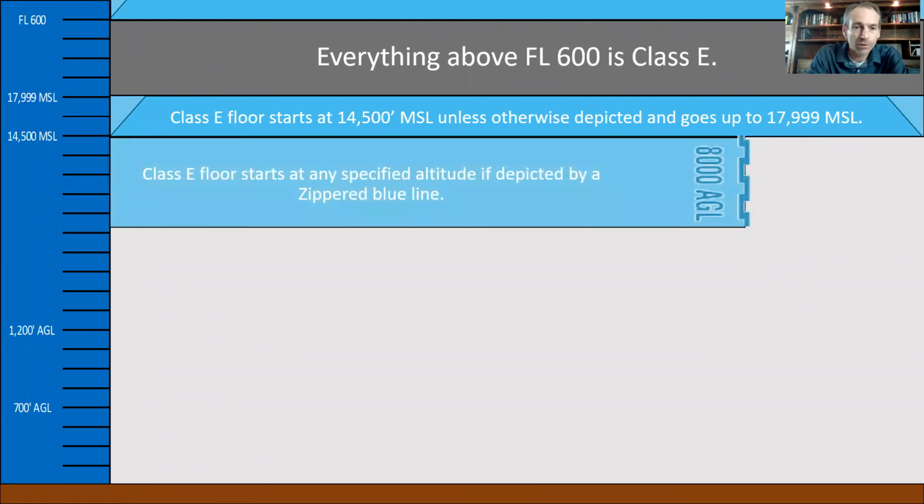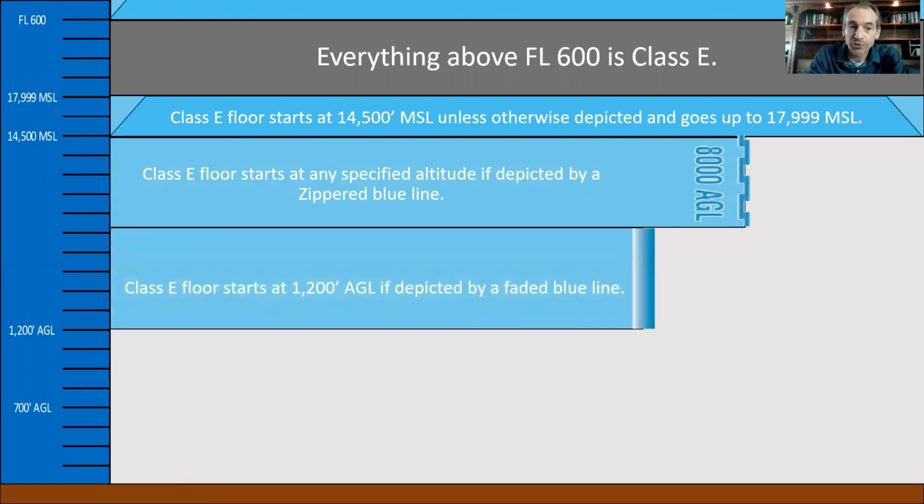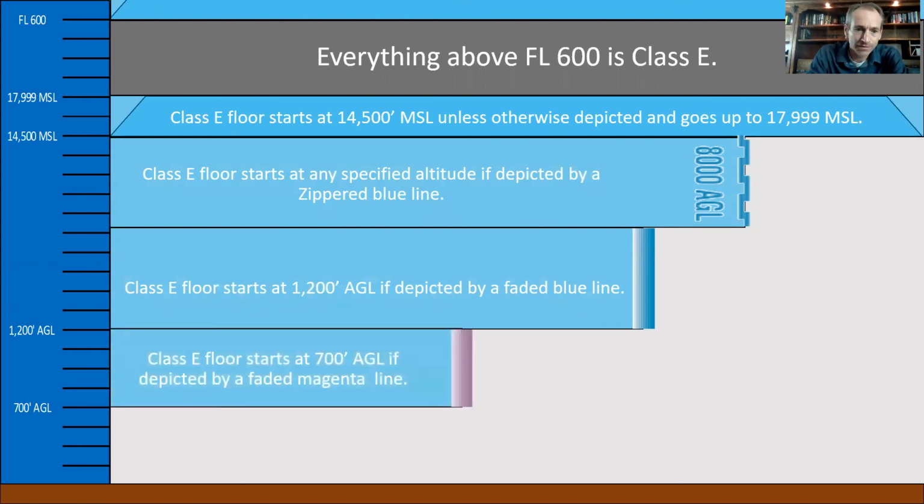The Class E floor starts at any specified altitude if depicted by a zippered blue line. Class E floor starts at 1,200 feet AGL if depicted by a faded blue line. Class E floor starts at 700 feet AGL if depicted by a faded magenta line.